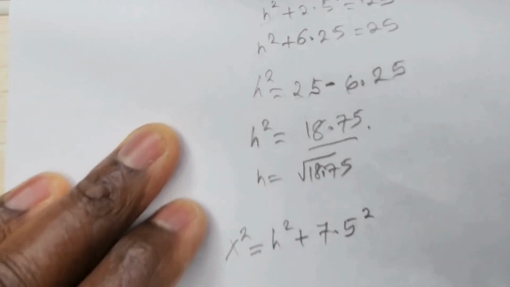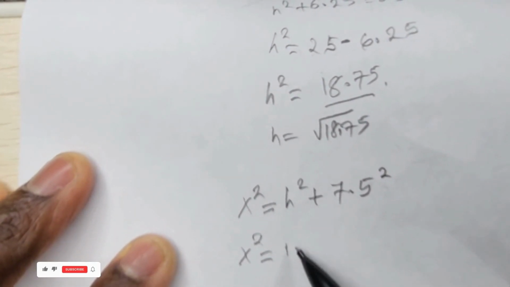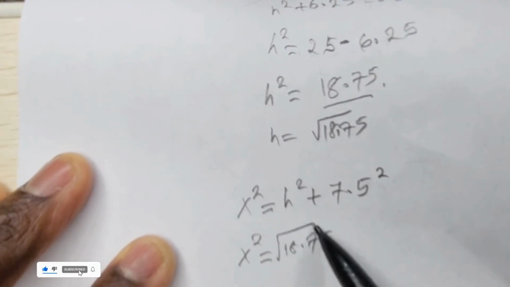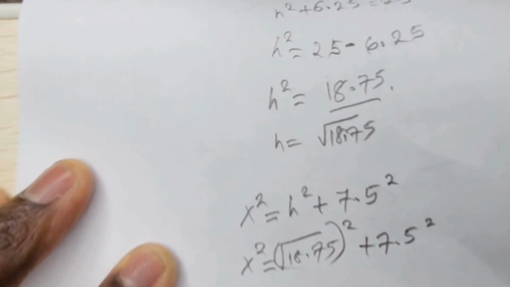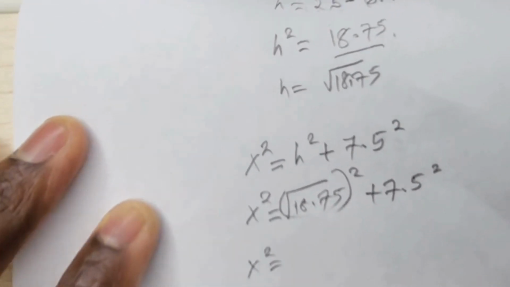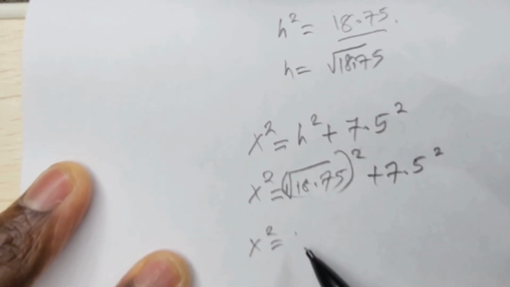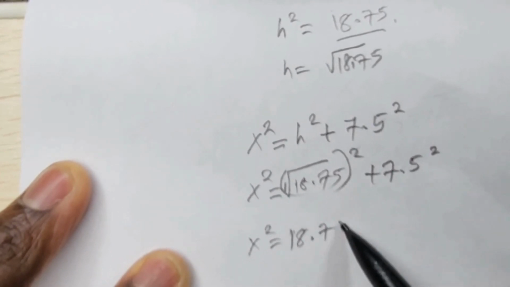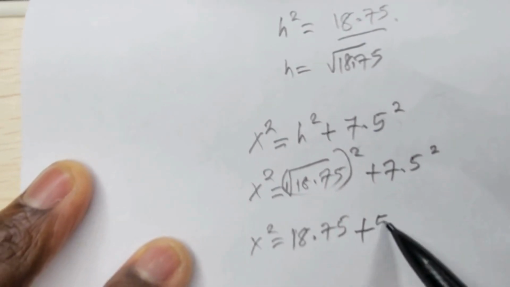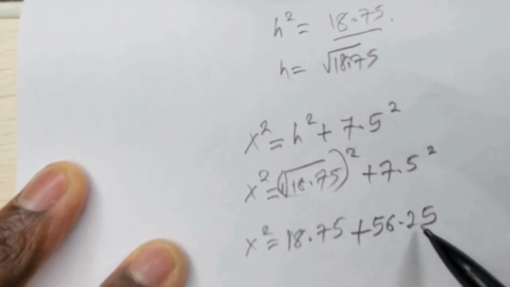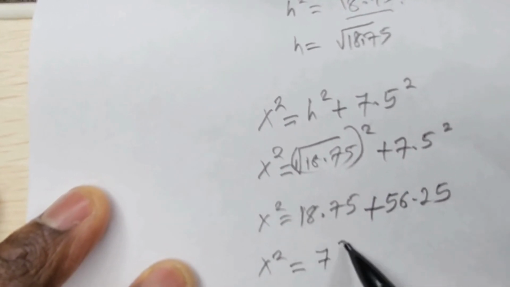So x squared is equal to the square root of 18.75 squared plus 7.5 squared. This square root cancels out this 2, and so we have 18.75 plus 7.5 squared, which gives us 56.25. Now x squared is equal to 75.